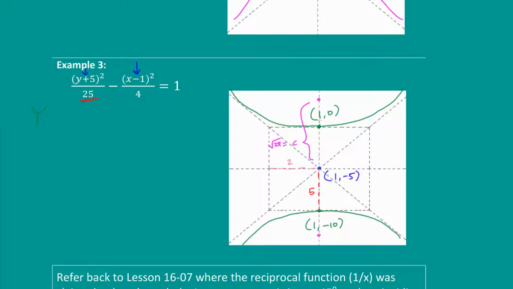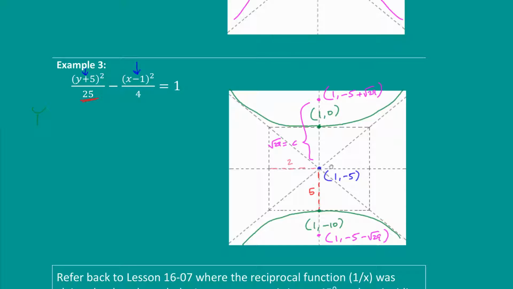So we know that it's going to be on this transverse axis. So I know that this point is going to be from the center. I'm going to go up square root of 29. So my x is unchanged, it's 1, but it's going to be negative 5 plus the square root of 29, and then negative 5 minus the square root of 29.